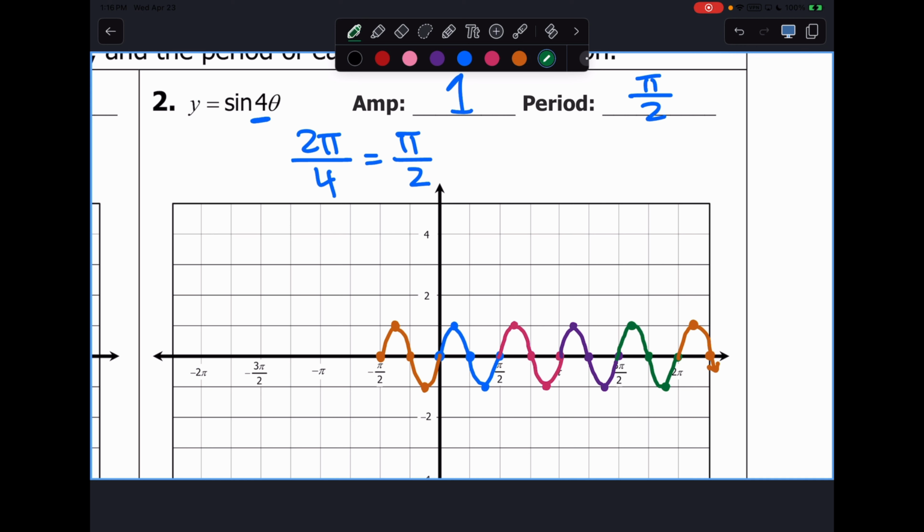And then right here, we're going to do x-intercept, down, then up. Down and up. Okay? And green, purple. 1, 2. Down, halfway, up, halfway.